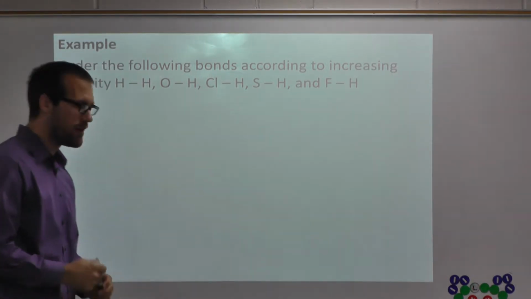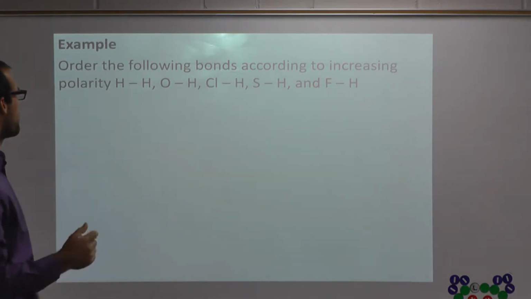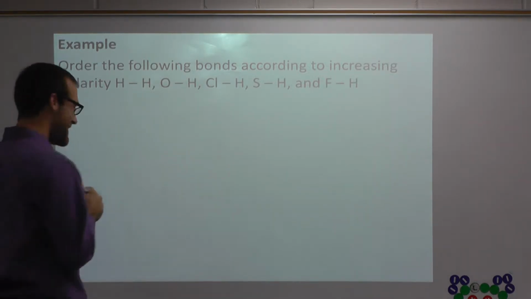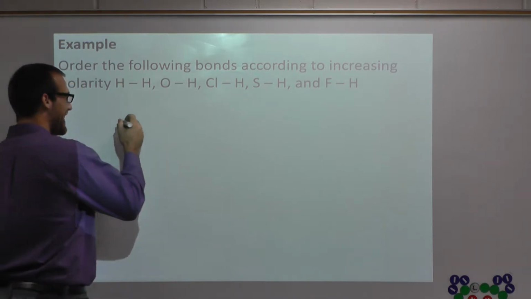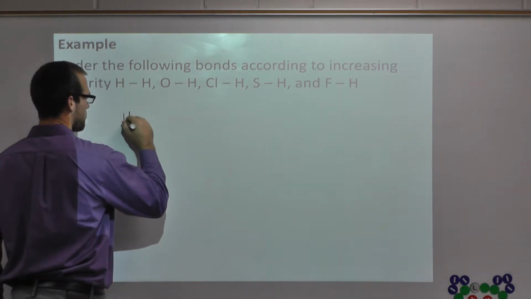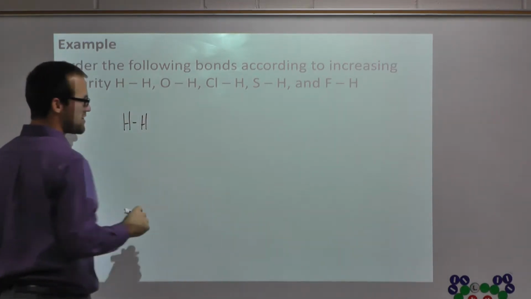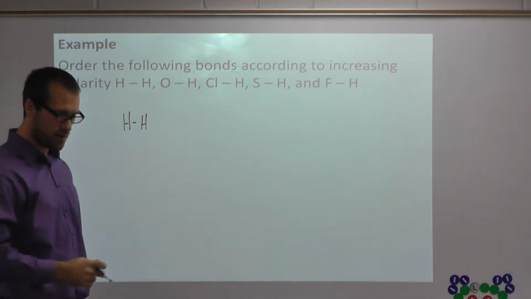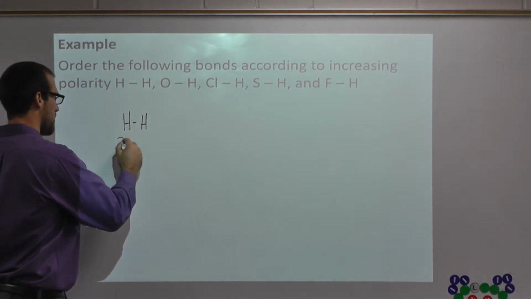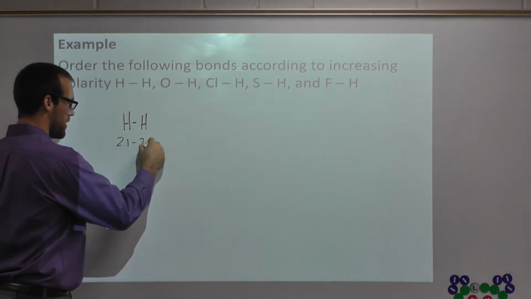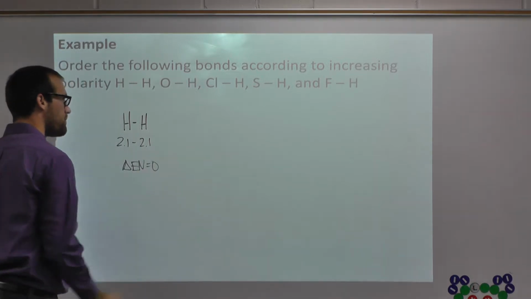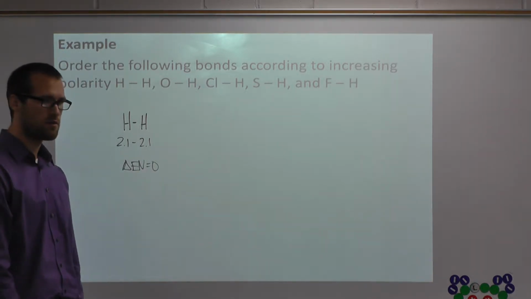Okay, alright, so what is the very, very obvious one as I go from... I didn't even ask the question. Nice. Thanks. So HH. And if we were to actually look up their electronegativity values, I think it's 1.1. Let me see here. So 2.1 and 2.1 gives you a change in electronegativity of 0.